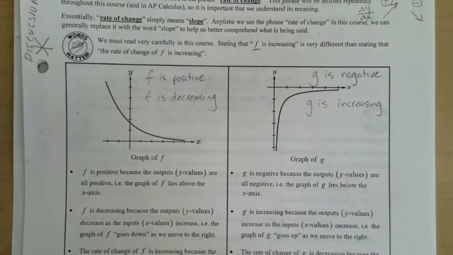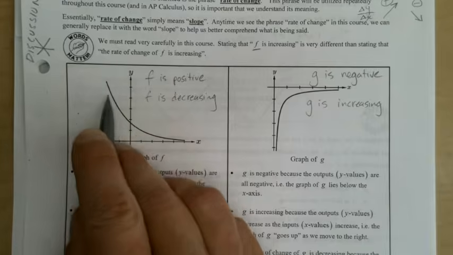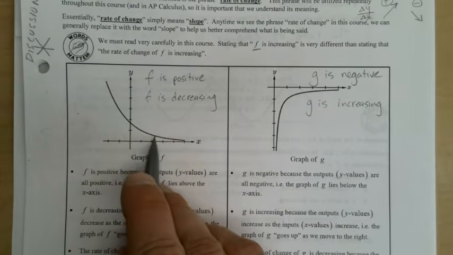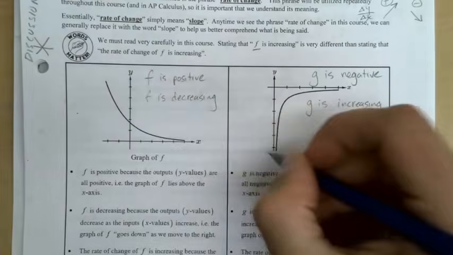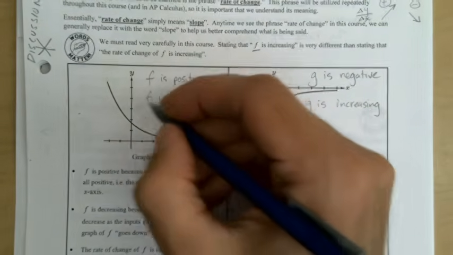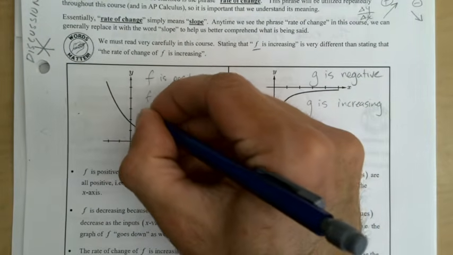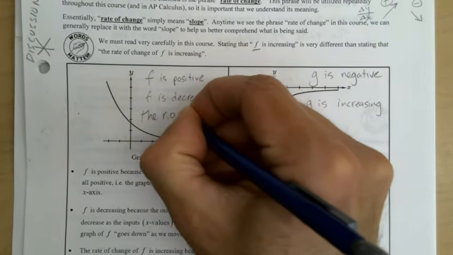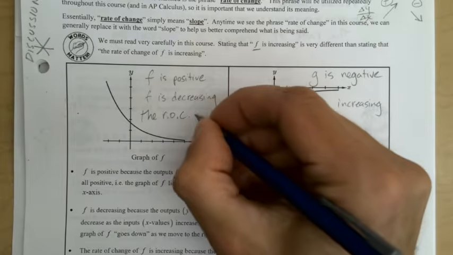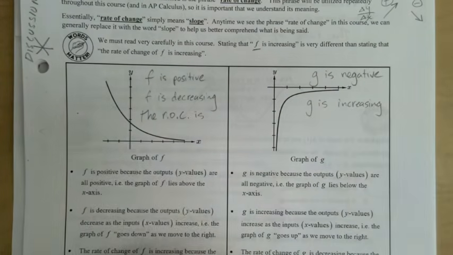But here's where it gets tricky. This is going down, but it's going down slower and slower. Since it's becoming less negative, the rate of change is actually doing what?